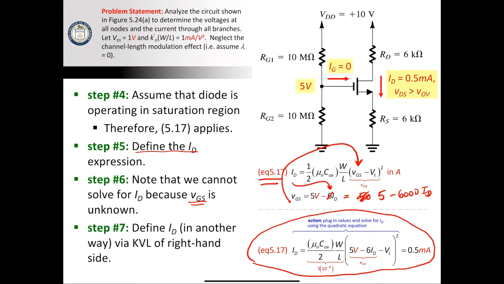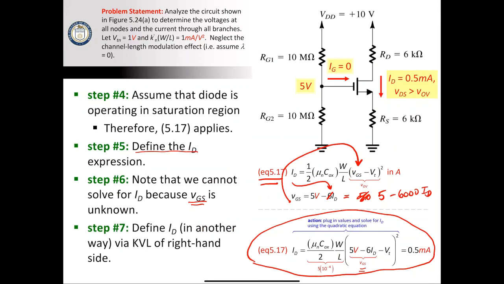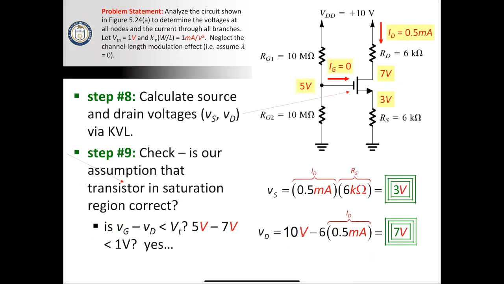So we essentially get rid of VGS by making that substitution. So we're going to plug in the values and solve for ID using the quadratic equation. So we calculate that, and what we end up with is ID is equal to 0.5 milliamps or 500 microamps.